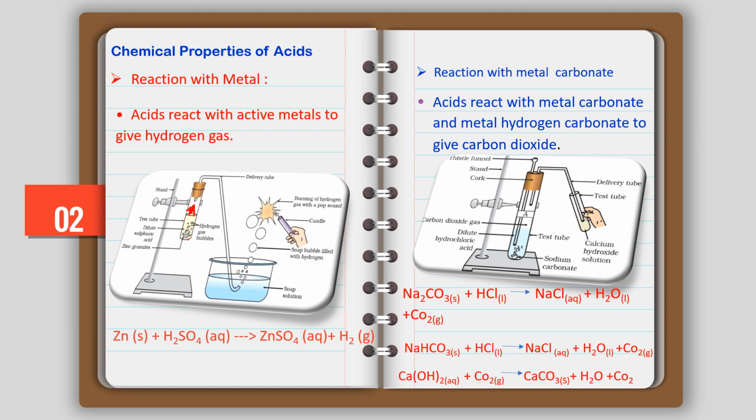This is due to the presence of hydrogen. So when a metal reacts with acid to form a metal salt, hydrogen gas is evolved. Similarly, reaction with metal carbonate.